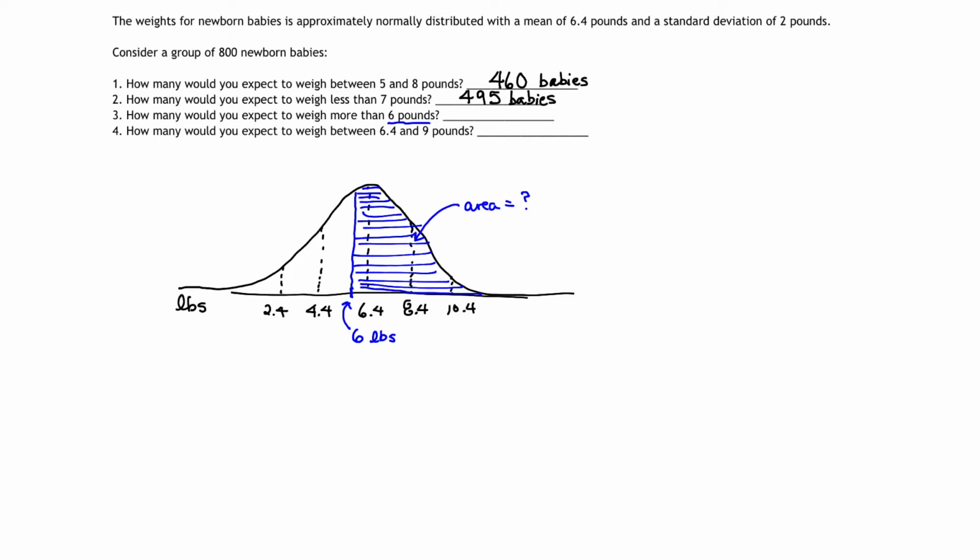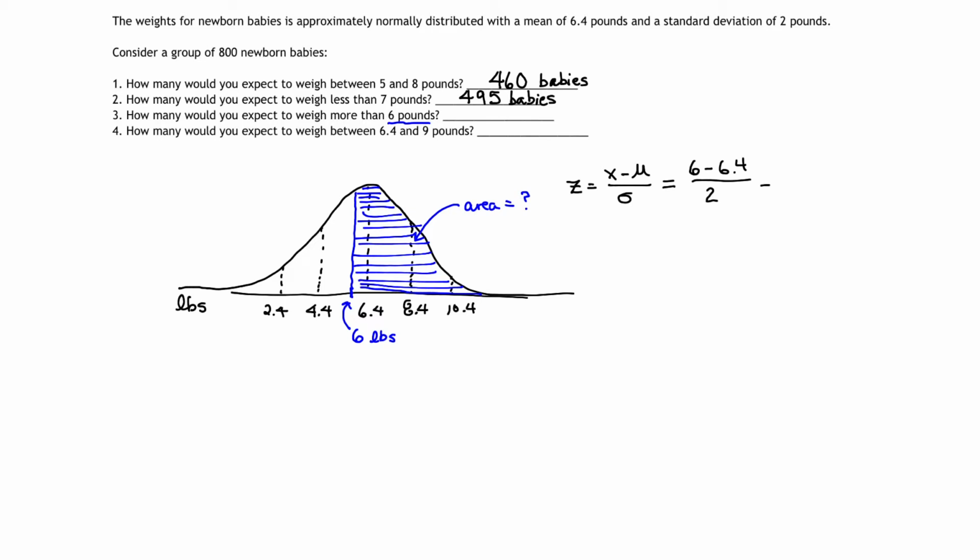Because 6 pounds does not lie on a straight standard deviation, we need to calculate the z-score corresponding to 6 pounds, and then use that z-score and our table of values to get an area. Calculating our z-score, we see that z equals, our x value is 6, our mean is 6.4, and our standard deviation is 2.